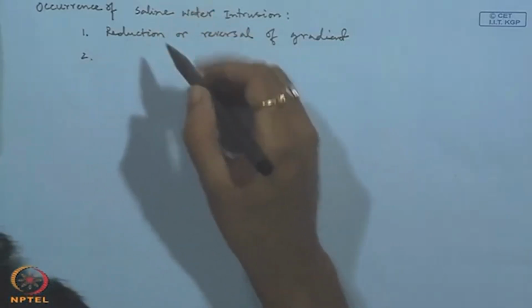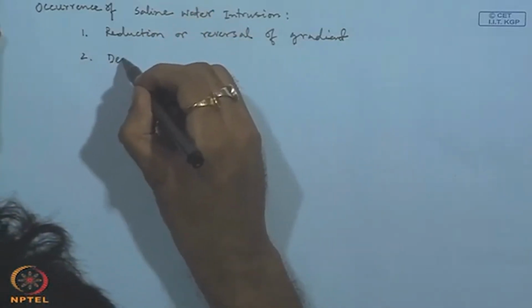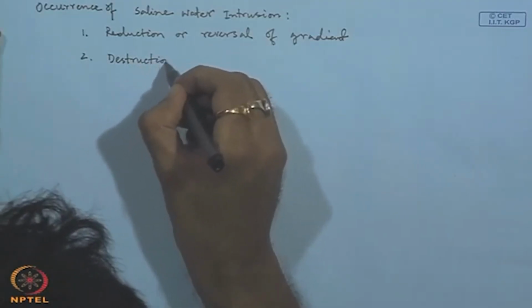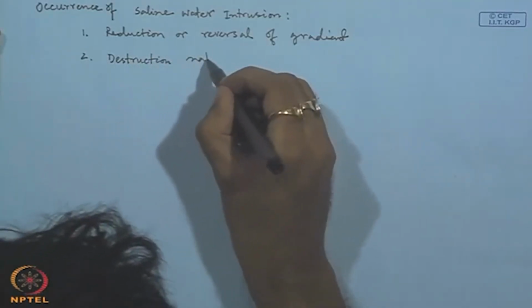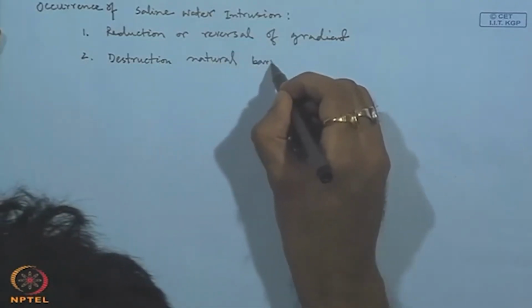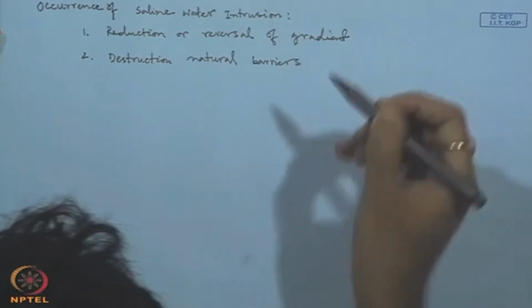Second one is destruction of natural barriers.